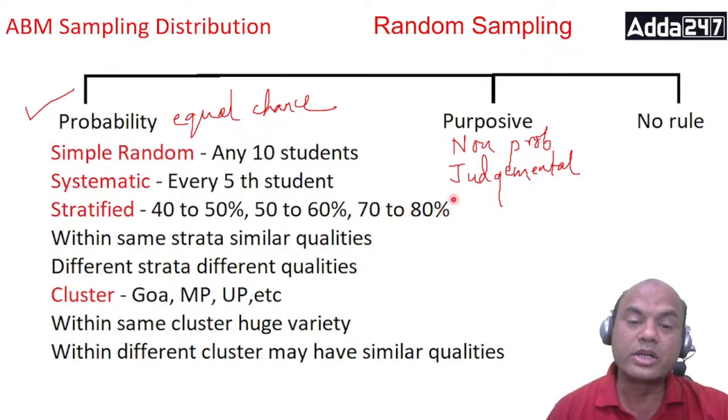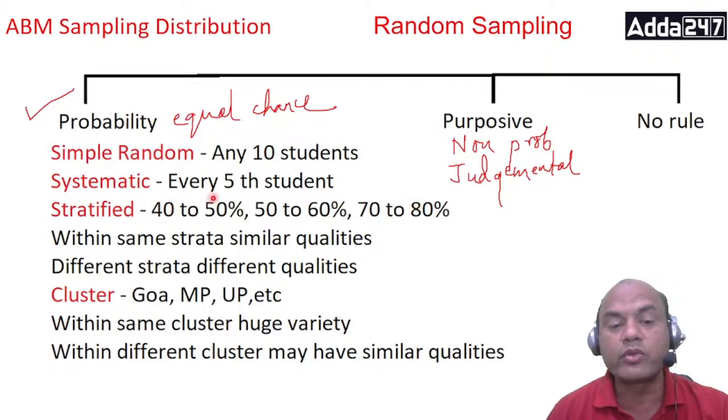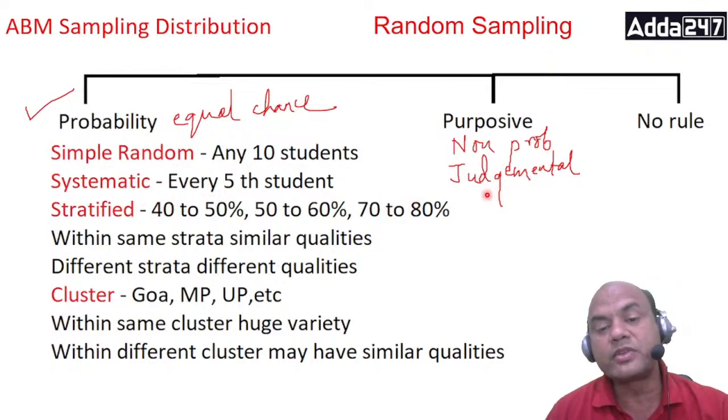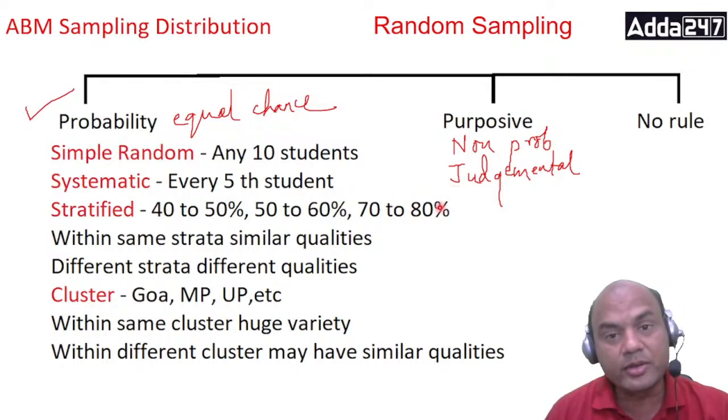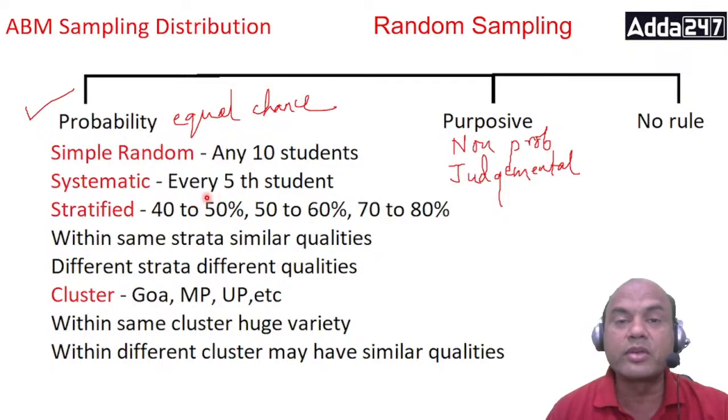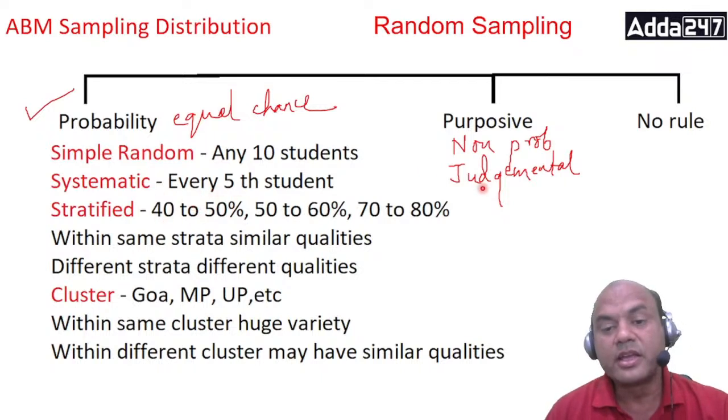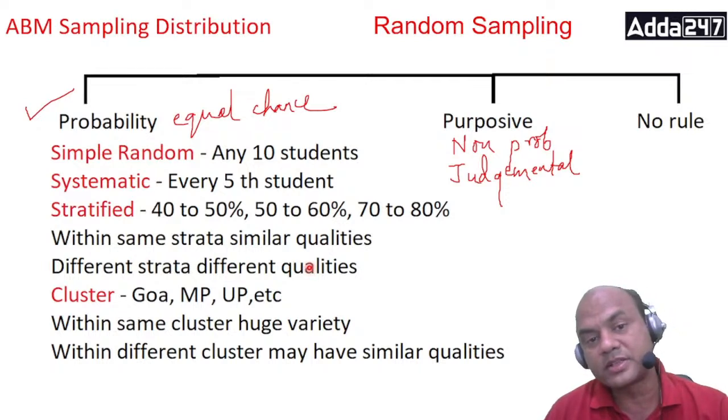Versus students who have marks of 70 to 80 and marks of 40 to 50, their ranges will be different. Thinking ability will be different. So that's what is meant by stratified. 40 to 50% students will always think of passing. 80 to 90 will always think of scoring. So within the same strata, they'll have similar qualities. Within different strata, different qualities.